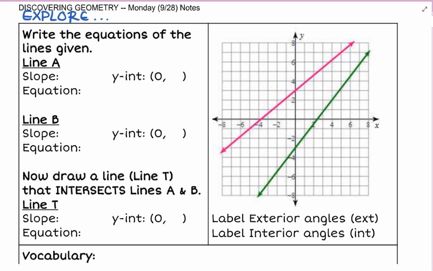To begin today's exploration, we will write the equations of the lines given. Okay, line A, I'm going to call the pink line. Your y-intercept is 3. Here's another point.